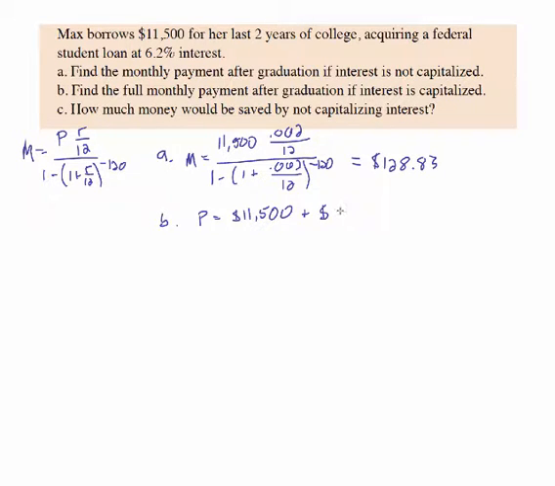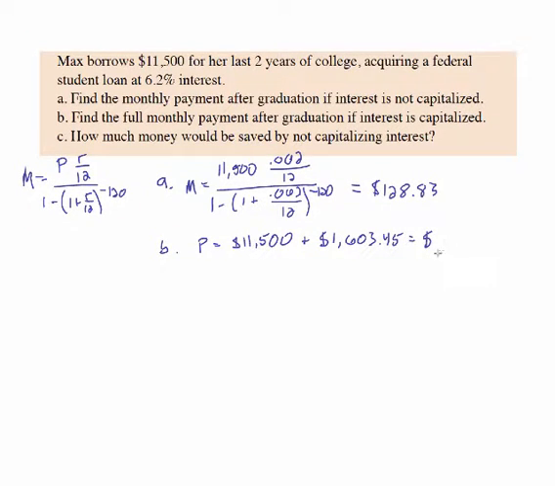And in an earlier Did You Get It question, we calculated that amount of interest to be $1,603.45. So the new principal, when interest is capitalized, is $13,103.45. So let's see what that does to our monthly payment.